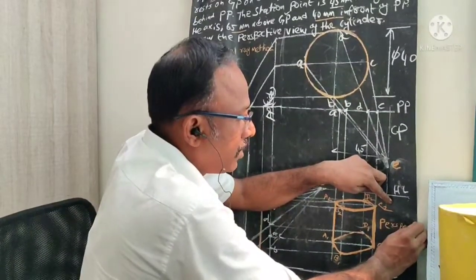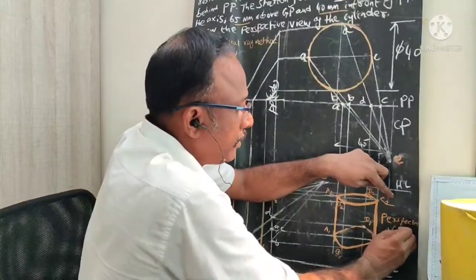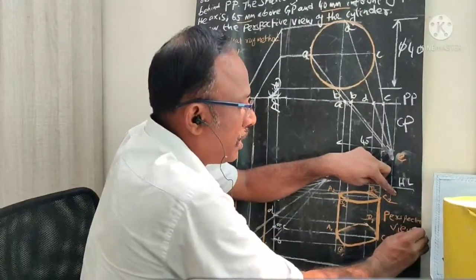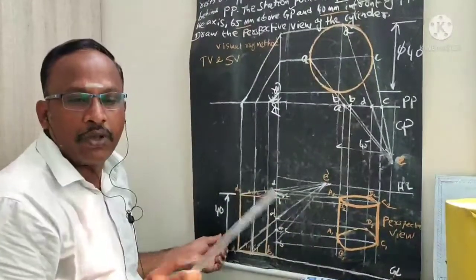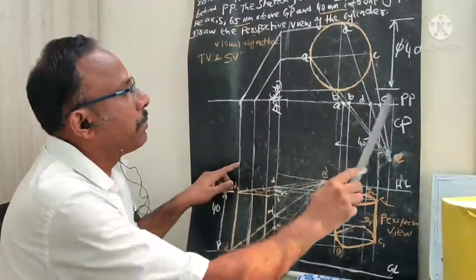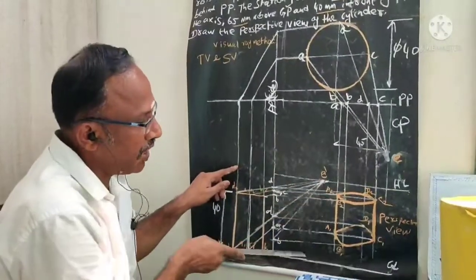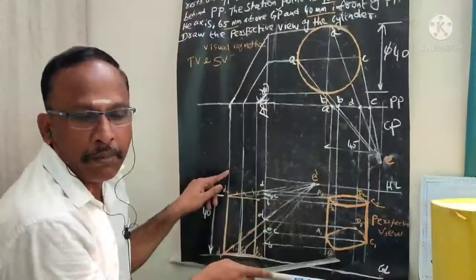So how do we draw this perspective view? By using the visual ray method, as discussed so far. I will quickly go through the steps. First you draw the PP line, then the GL line, then the HL, depending upon the given dimensions.